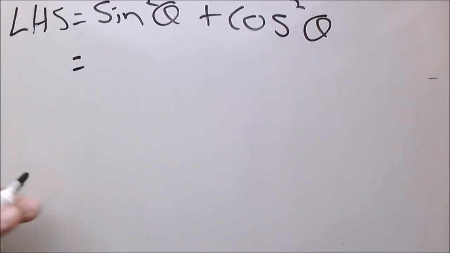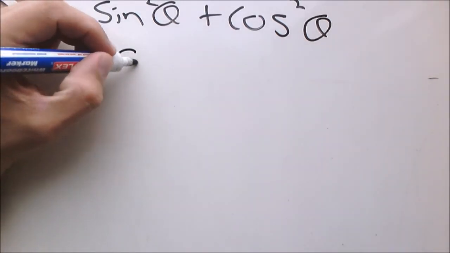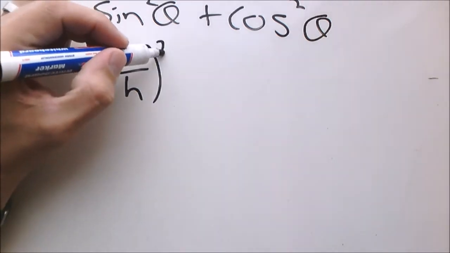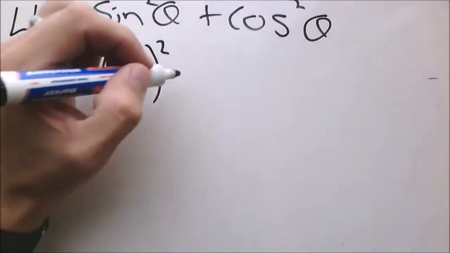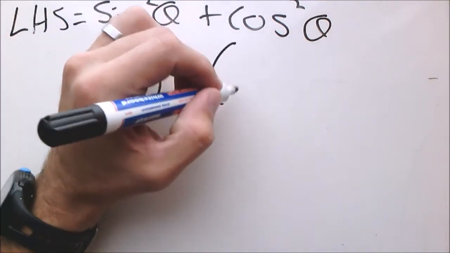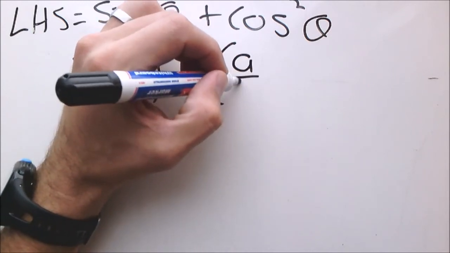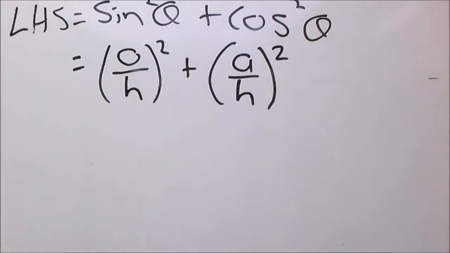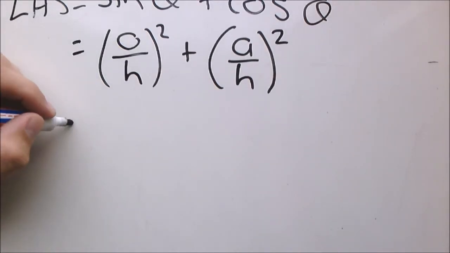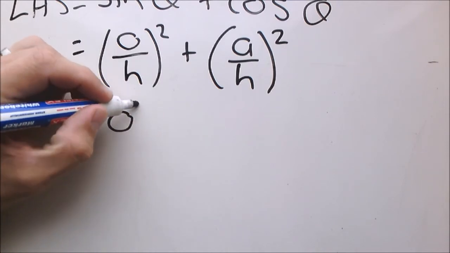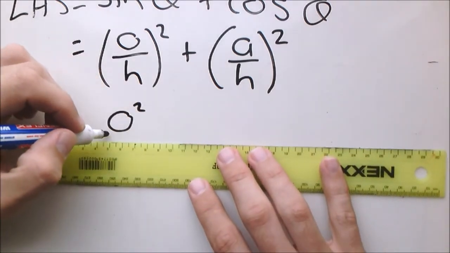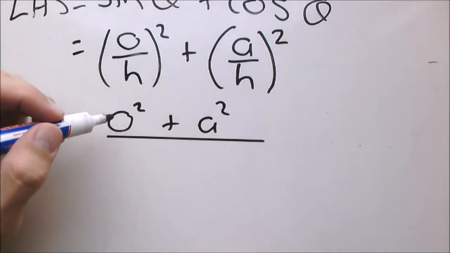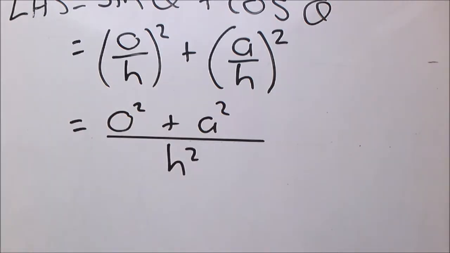Sine theta is opposite over hypotenuse, so sine square theta is opposite over hypotenuse squared. And cos theta is adjacent over hypotenuse, and that means squared in this case as well. So we will have opposite square plus adjacent square, both of them having the same denominator as hypotenuse square.